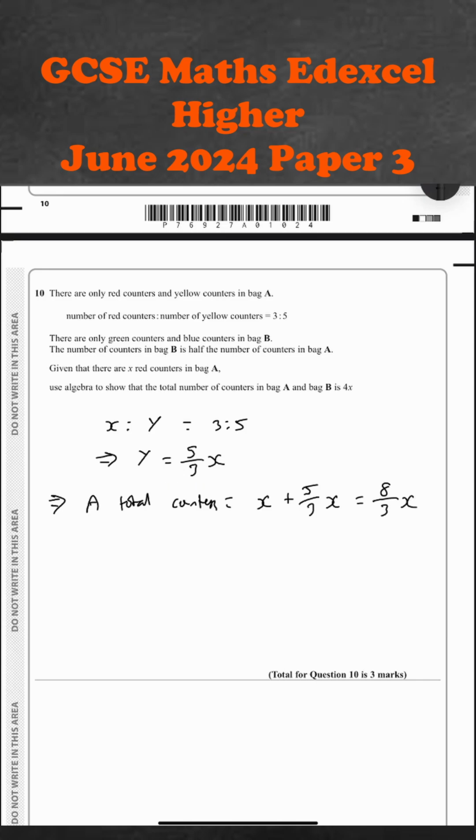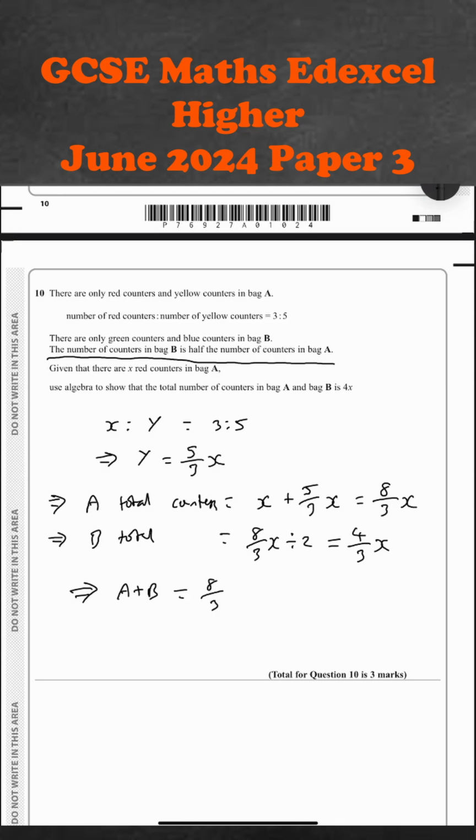We are told the number of counters in B is half the number of counters in A. Therefore, B total equals 8/3 x divided by 2, which is 4/3 x. Therefore, A plus B equals 8/3 x plus 4/3 x equals 12/3 x, which equals 4x, which is what we were after.